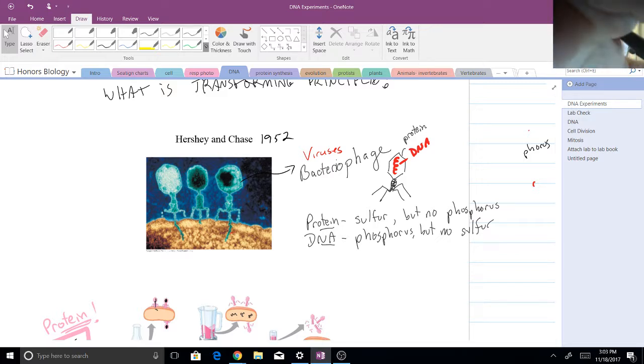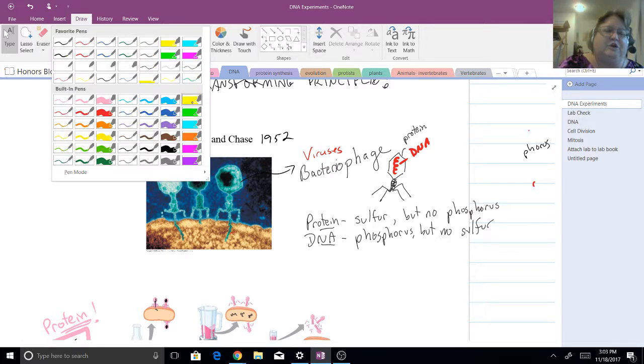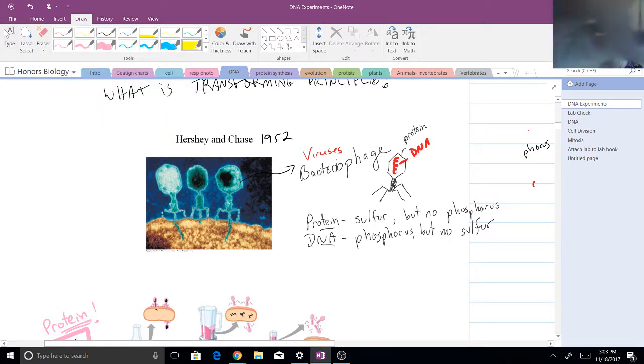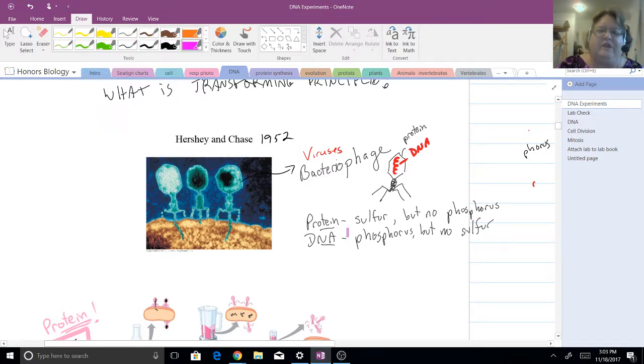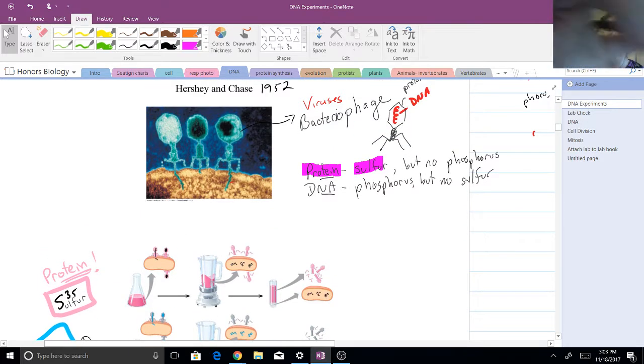So if they can use an isotope to label the protein, and that would be the sulfur. And if they can use a label for the DNA, and that would be the phosphorus.